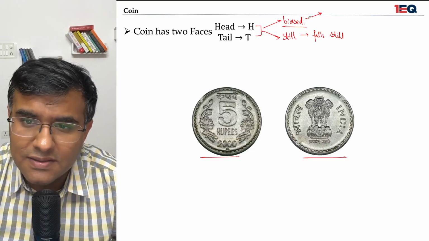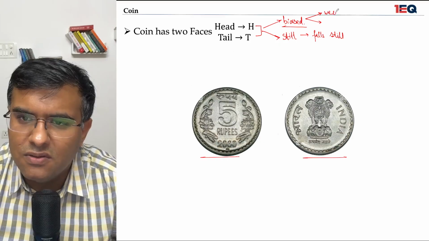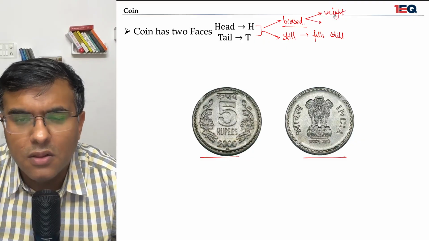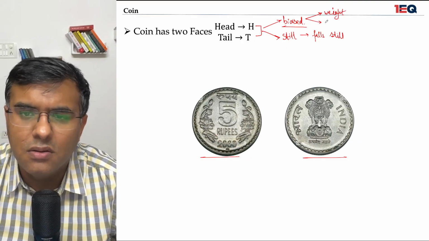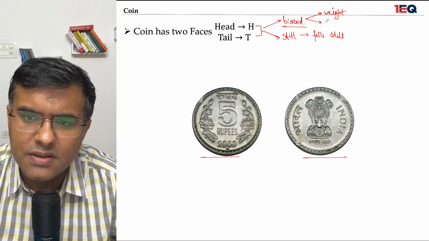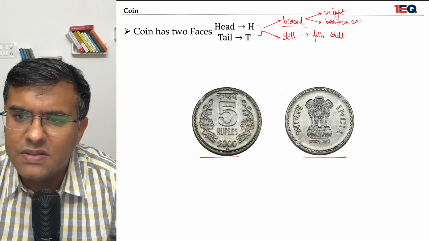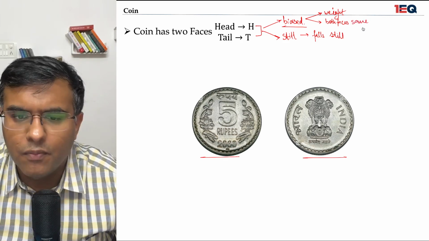This is the case of weight being added to the coin. And what about the second case? The coin would remain biased when both the faces are the same.